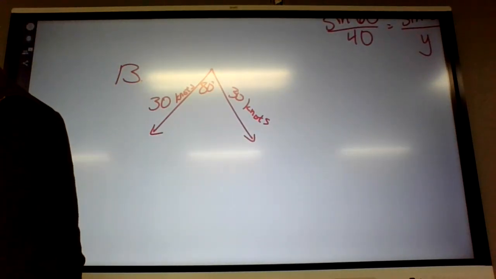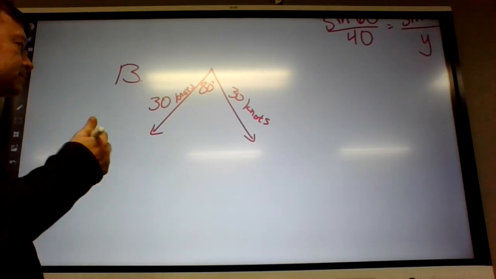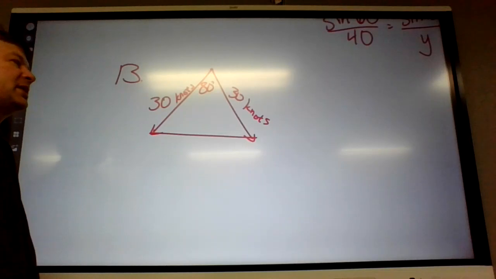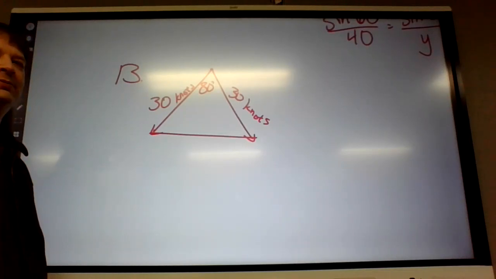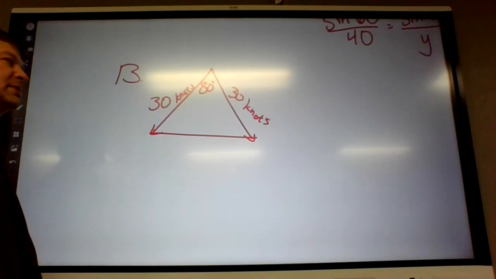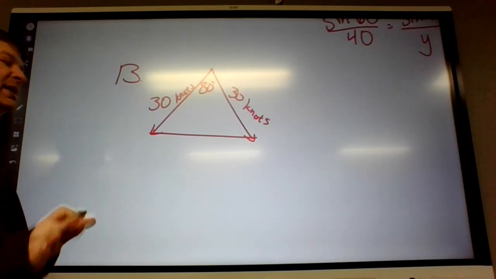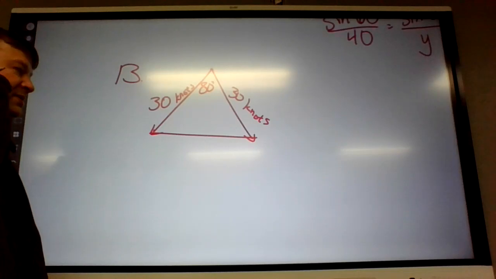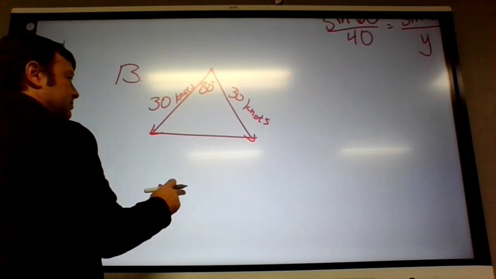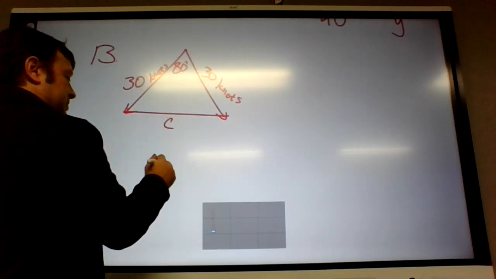How far apart are they after 1 hour? Okay, this is a side angle side. So you could use law of cosines. It also is an isosceles triangle, so you could use that trick. But let's just go with side angle side law of cosines. I'll call that C, what we're looking for.